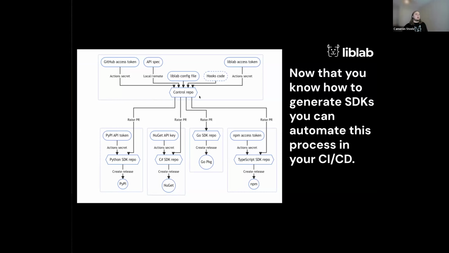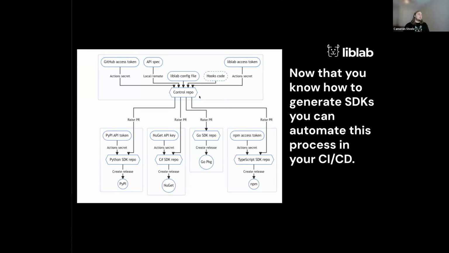But every time something updates, you could set it up to be anytime the spec updates, if there's a push to another repo, if you have some other, like, an API repo that has some kind of deployment process, any of those things could call your control repo and say, hey, I'm ready to generate a new SDK.